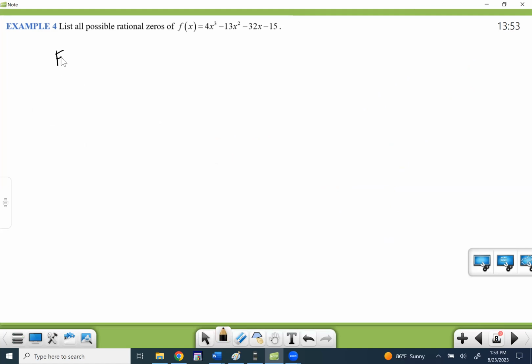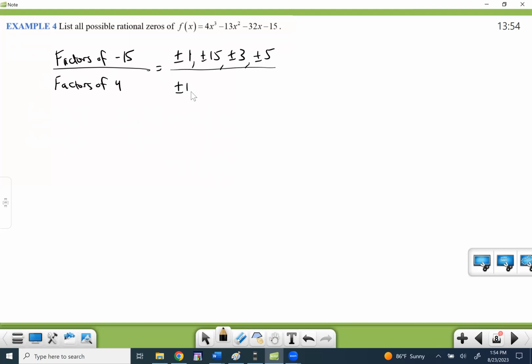So we're going to put factors of the last number. So we're going to put factors of -15 on top, and then we're going to put factors of the front number, 4. So all the things that multiply to get us 15, right? 1 times 15 and 3 times 5 are the only ones I can think of.